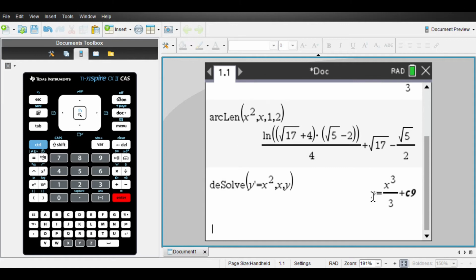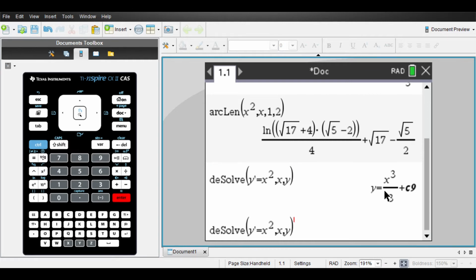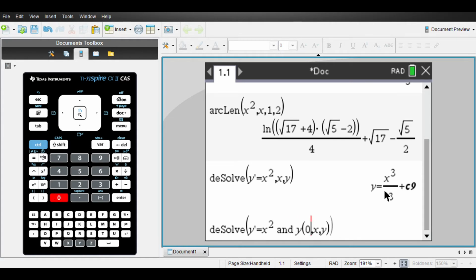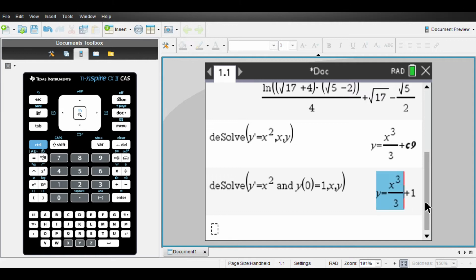Yep, and now you would get the indefinite integral satisfying the differential equation. And if you want to solve when the initial condition is known, you can specify the initial condition using the AND operator like this, and then you would get the unique solution.